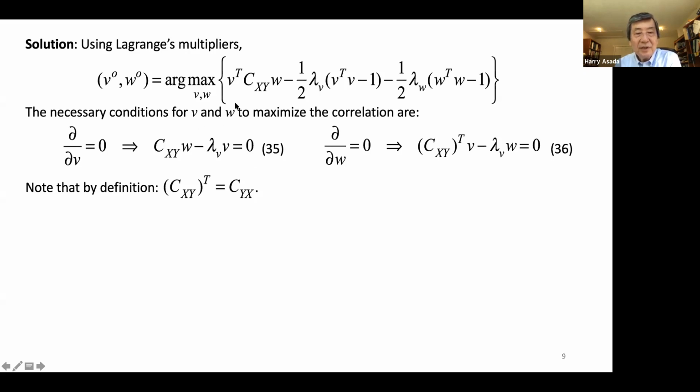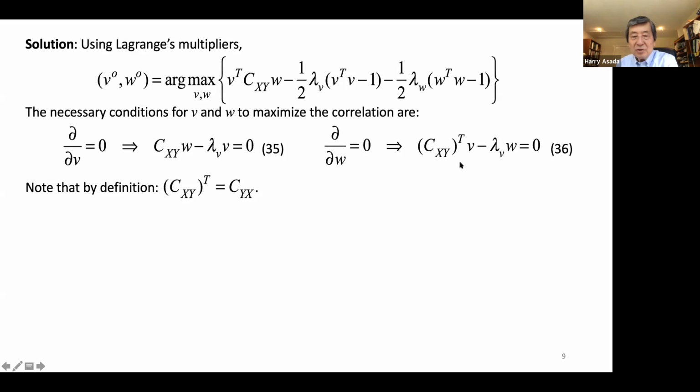First, differentiate with respect to v, and it comes out to C_XY w, and the 2 cancels with the 1/2, minus lambda v v. The other side is very similar, but differentiated with respect to w. The important point is that when you differentiate with respect to w, you have to take the transpose, so it comes out this way.